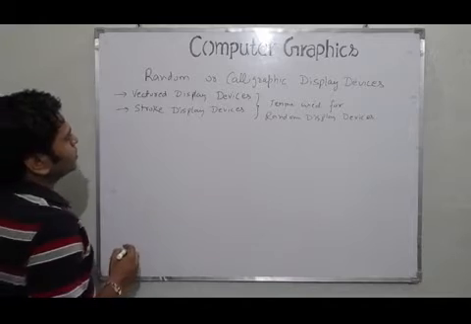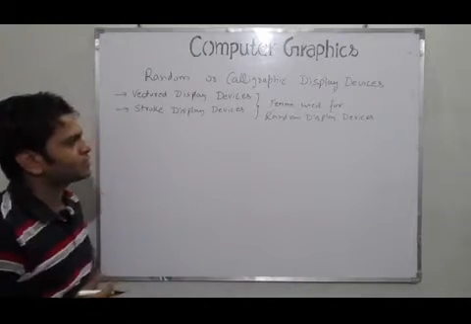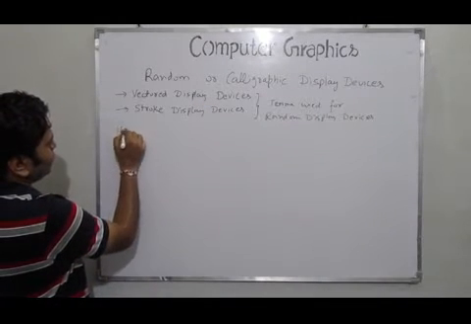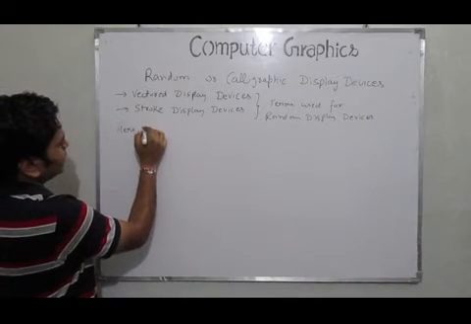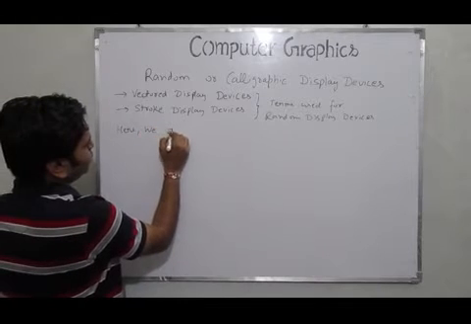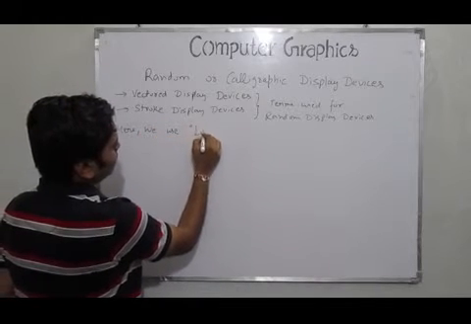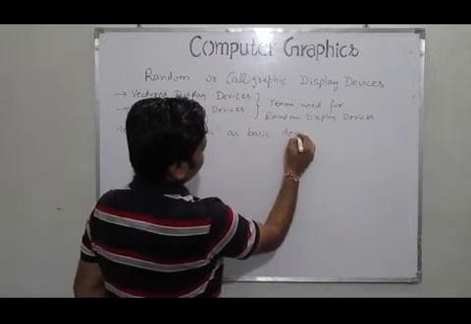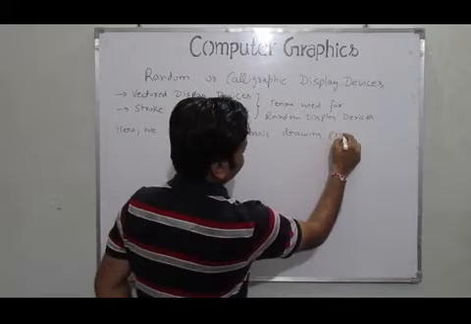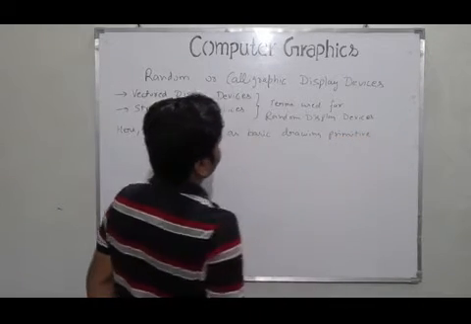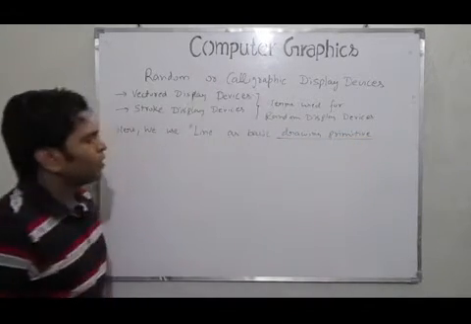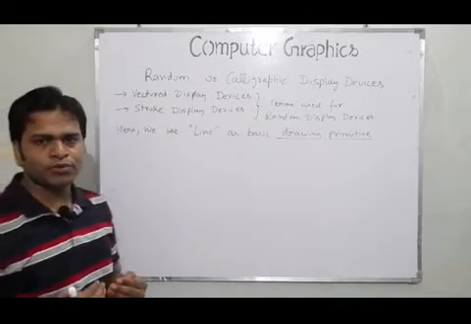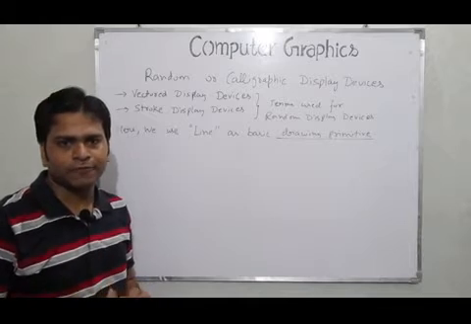When we talk about random or calligraphic display devices, the first and foremost thing that we have to discuss is that here we basically use line as the basic drawing primitive. That means in order to draw the picture on the screen, this technique makes use of the line as a drawing primitive.